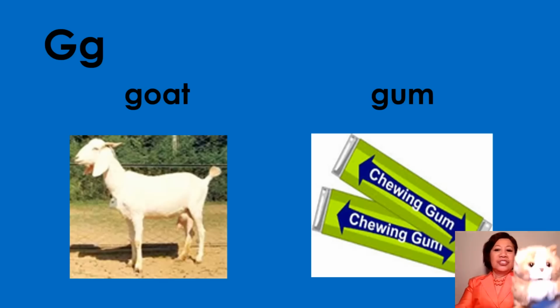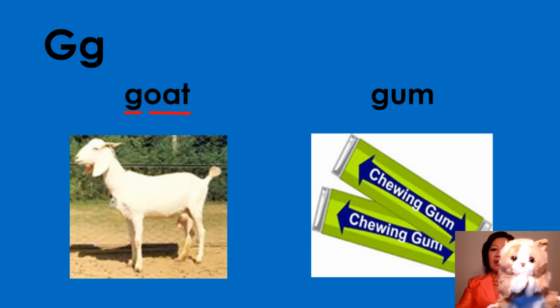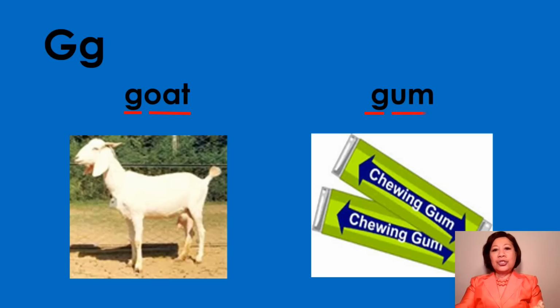G. G says G as in goat. Goats also provide milk. G. G says G as in gum. A chewing gum is soft and sweet.